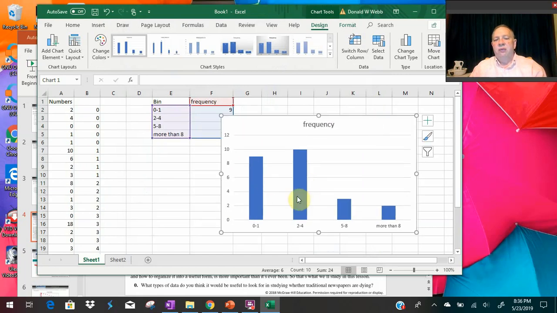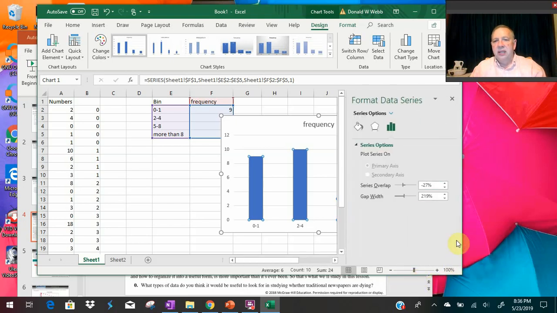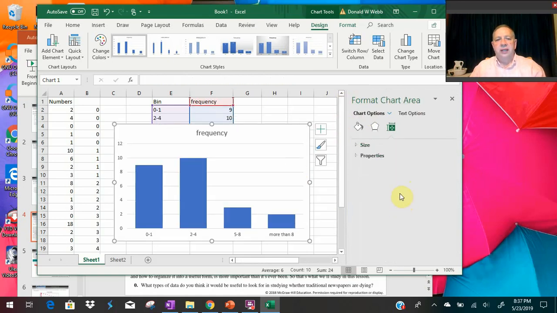And then if we wanted to make this a little nicer, I could go here and format the data series and then do some series overlap, here, gap width. There's no overlap in here, so that should be good. Okay. So we can expand these out and still have, there's our full chart.